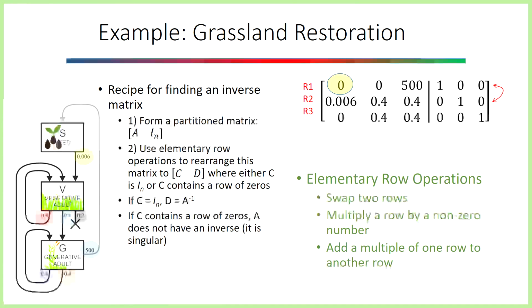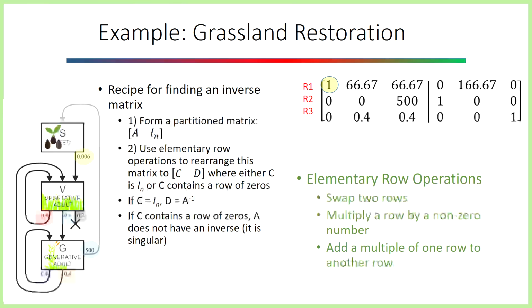So let's swap rows 1 and 2. This gives us 0.006, 0.4, 0.4, 0, 1, 0 in the top row. Now, since our pivot contains a non-zero entry, but that non-zero entry is not equal to 1, we need to divide the entire row by that non-zero entry. So that gives us 1, 66.67, 66.67, 0, 166.67, and 0 in the top row.